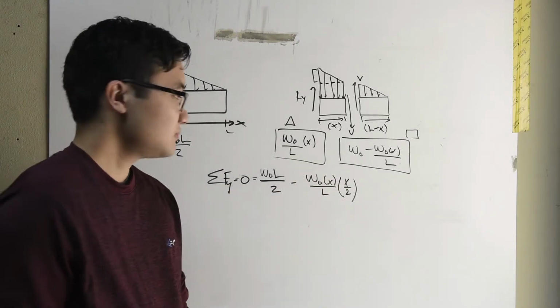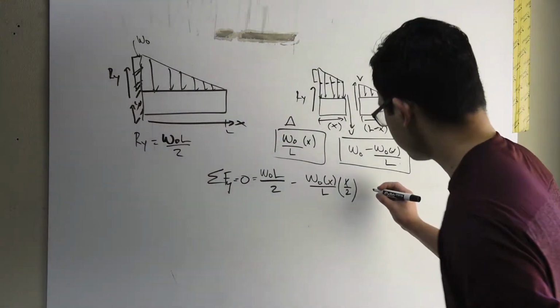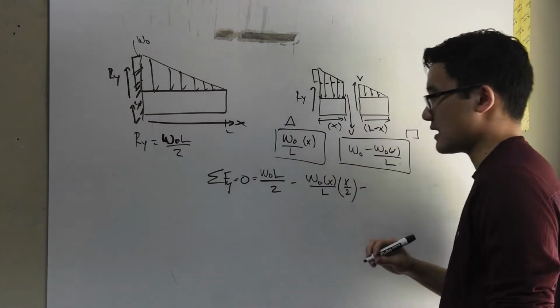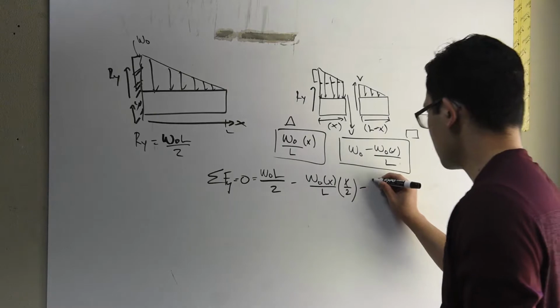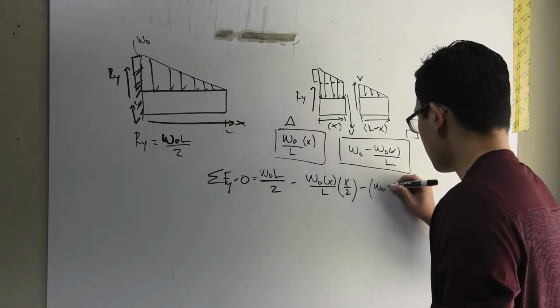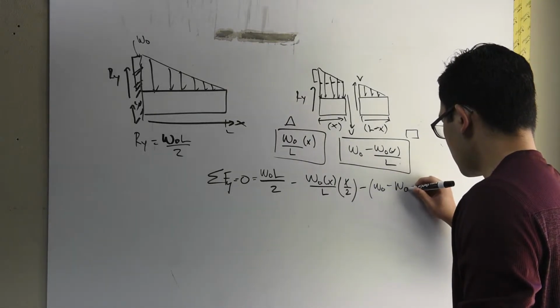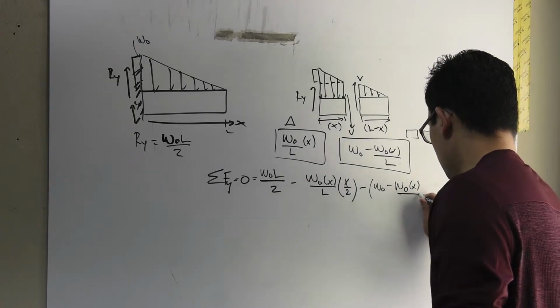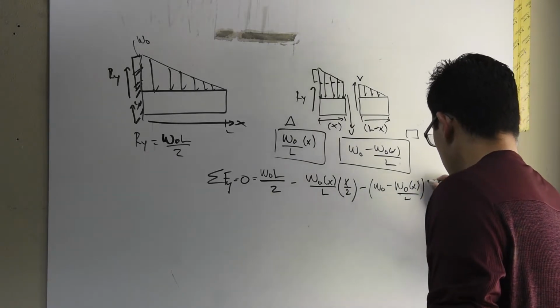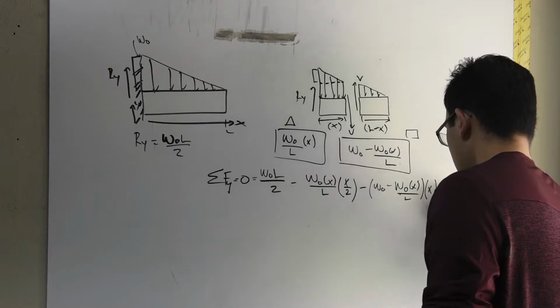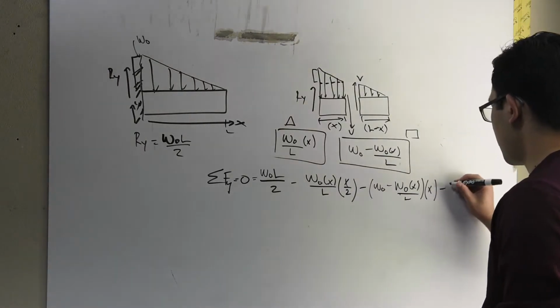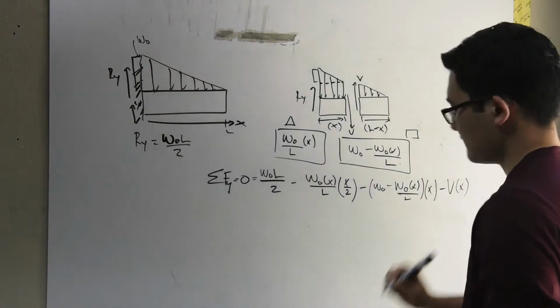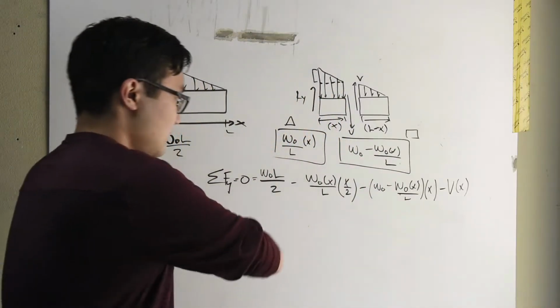So that's a triangle. Now we account for the rectangle, still acting downward, minus W naught minus W naught x over L, multiplied by x, minus V of x. It's quite long.